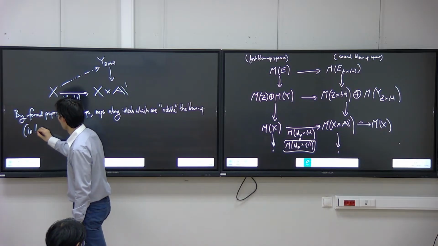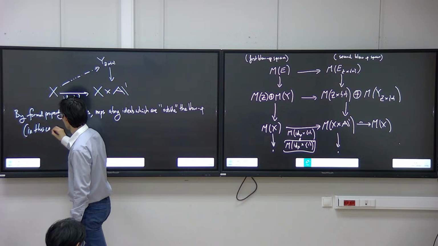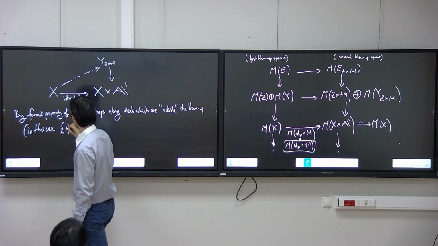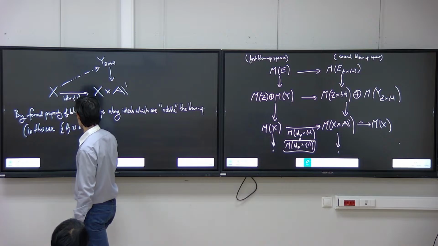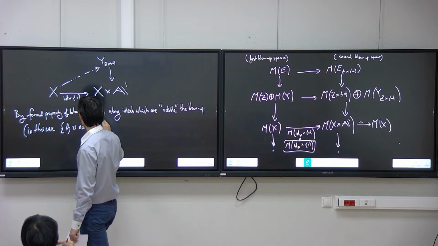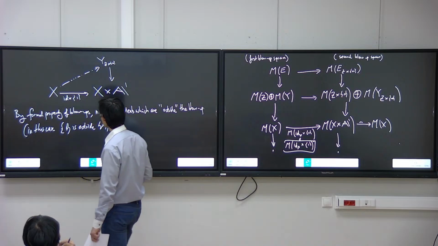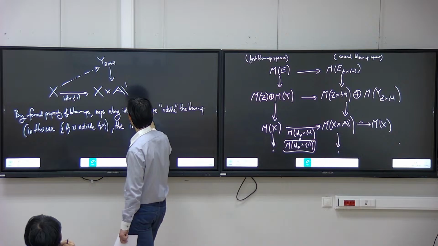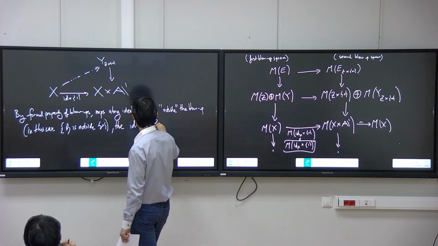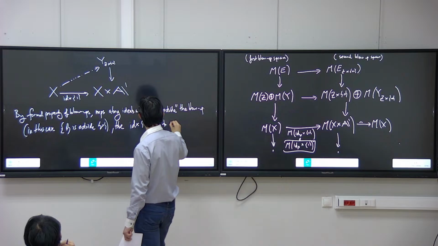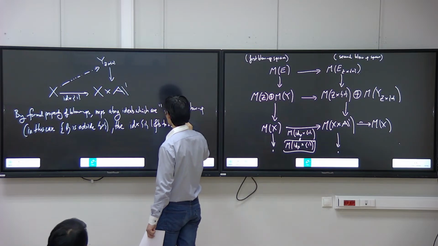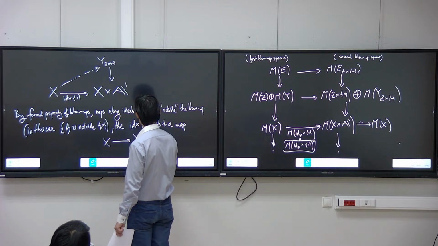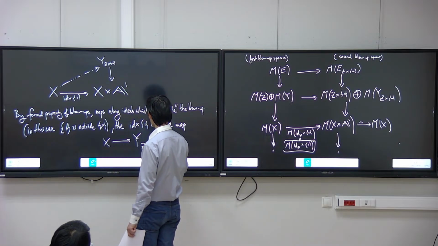In this case, 1 is outside, in a loose sense, 0. The map id times 1 lifts to a map X to Y, the blow-up along the 0th map.